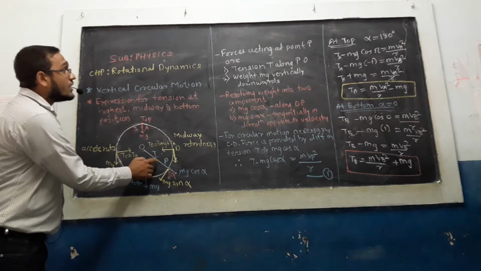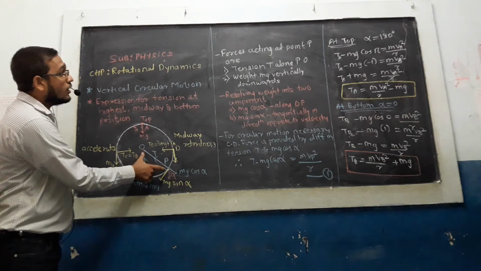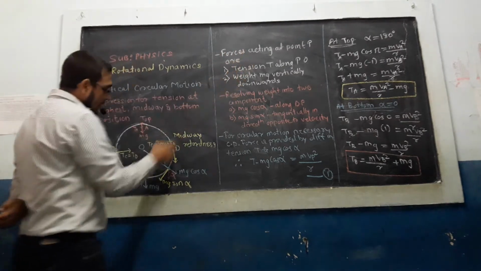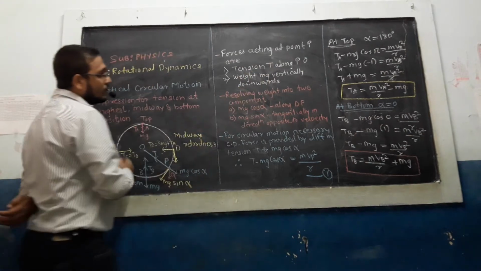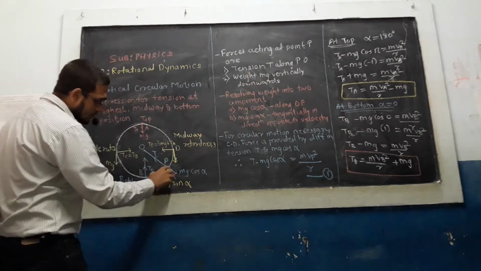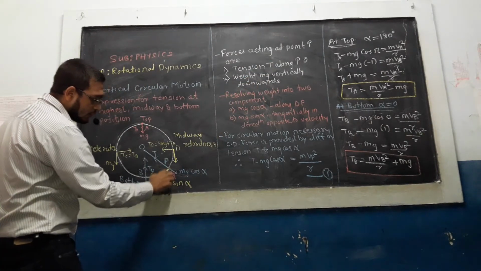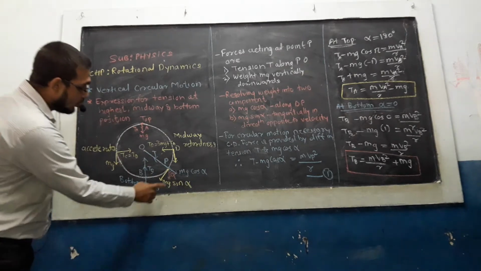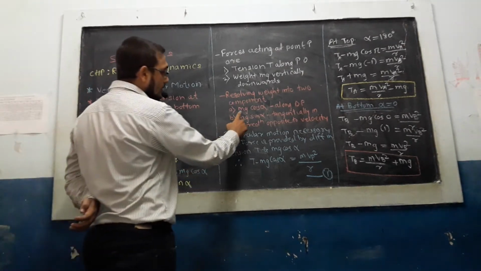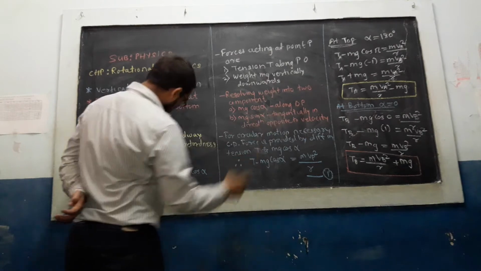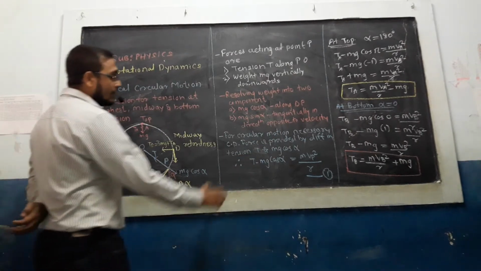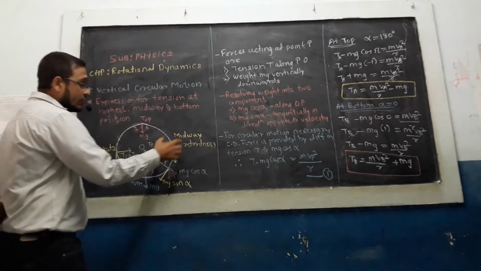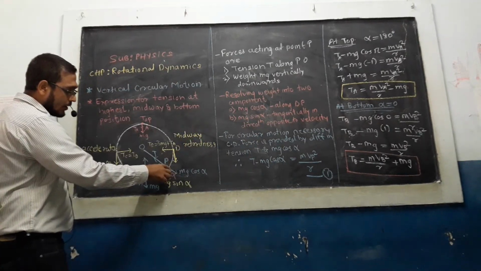Now the forces acting at the point P are what? Tension T along OP, and weight mg acting vertically downward. We resolve this weight into two components: mg cos alpha along OP, and mg sin alpha which is tangential, along the direction of the velocity Vp.